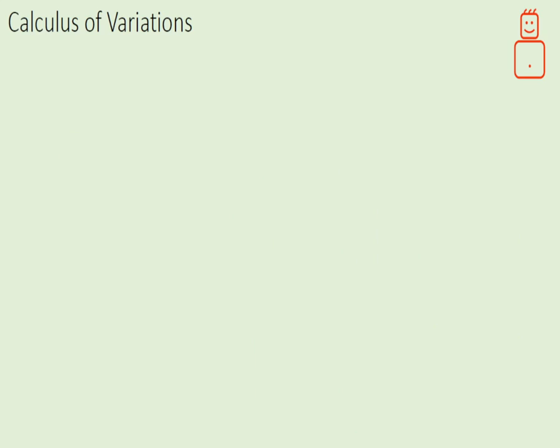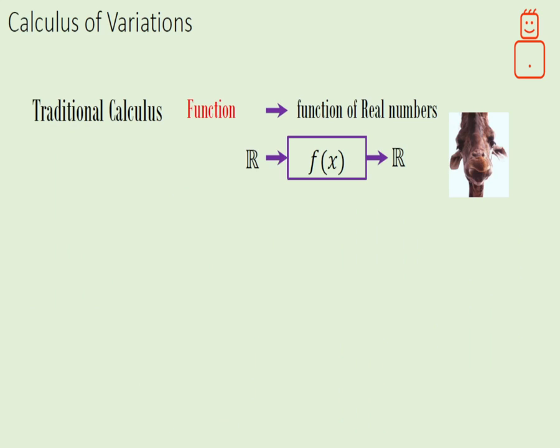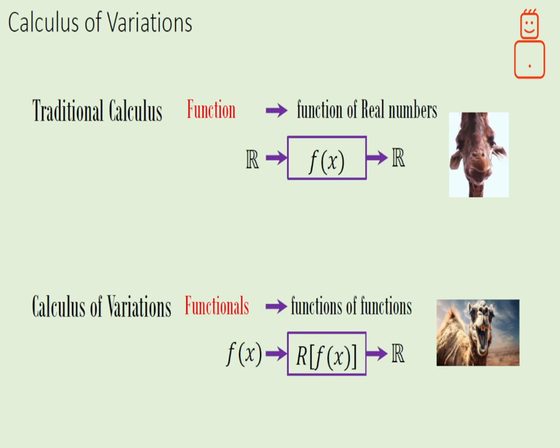Traditional calculus primarily deals with functions of one or more variables. The function accepts real numbers and maps them to real numbers as well. Calculus of variations, on the other hand, is a branch of mathematics that deals with studying functionals, which are functions of functions. This means that the input to the function is also a function rather than just variables.